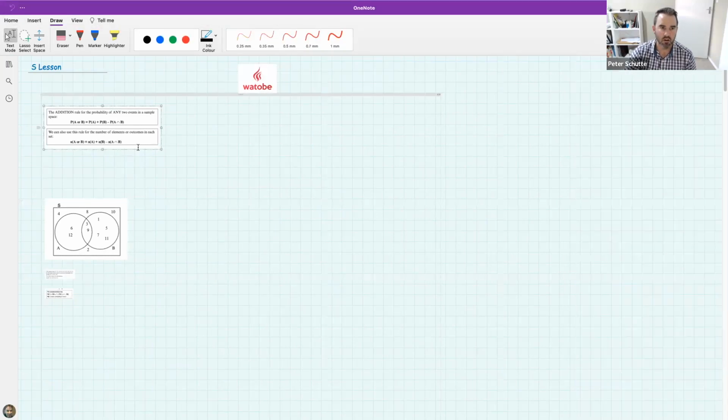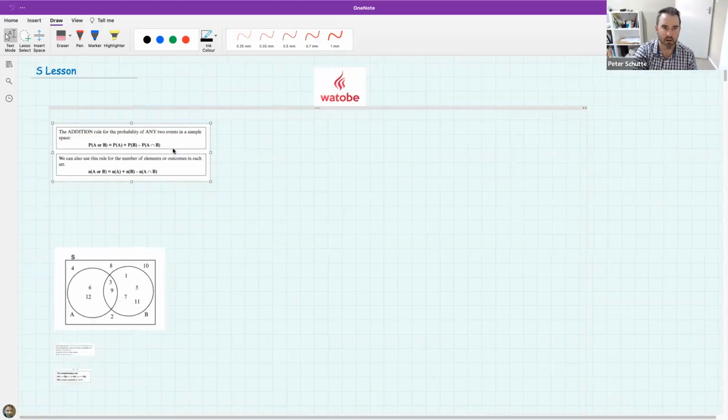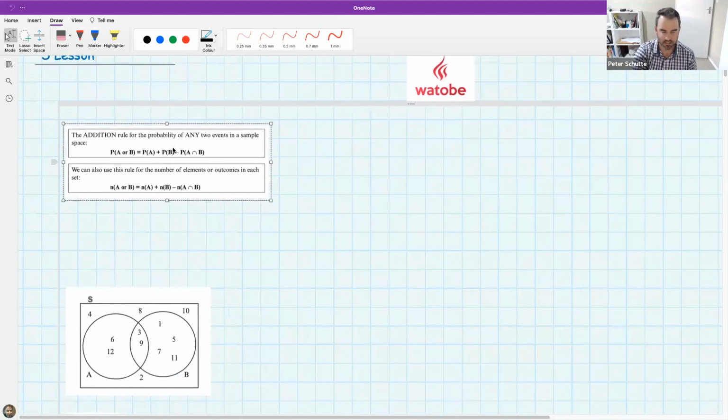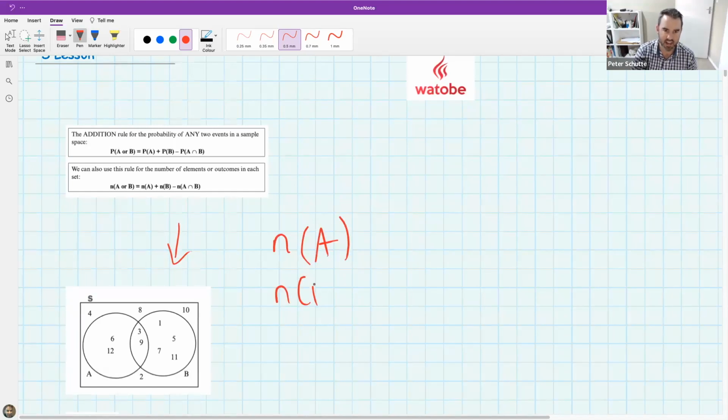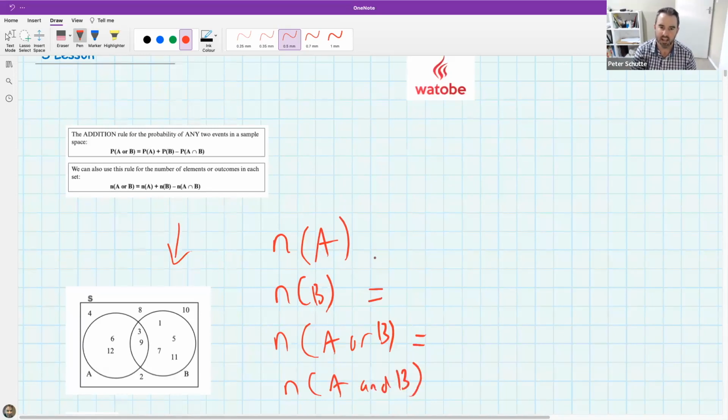So in the last lesson, I spoke briefly about these two identities, and I just want to start with a bit of a warm-up. If I asked you to look at this Venn diagram, could you find me n of A, n of B, n of A or B, n of A and B? Can you find me those?